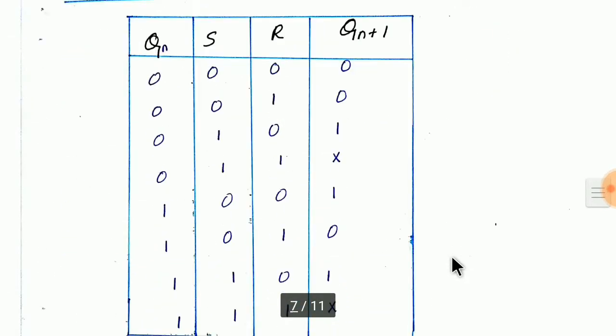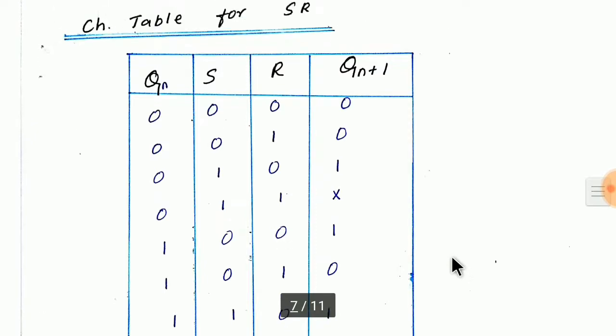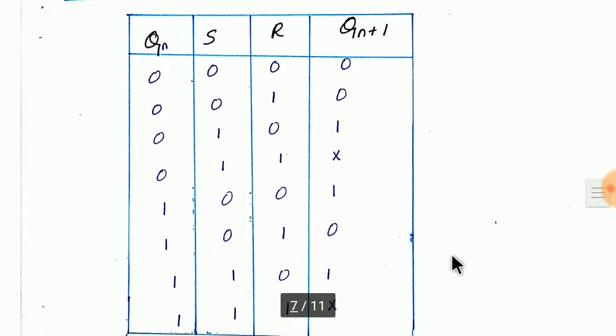Now this is the characteristic table of the SR flip-flop. This characteristic table is very much important when it comes to analysis purposes. I will repeat, when we are performing any analysis, this characteristic table is very much important. The same process as we have done already: when it is 0, 0, this is your present state, this is your next state. For 0, 0, both are going to be 0.